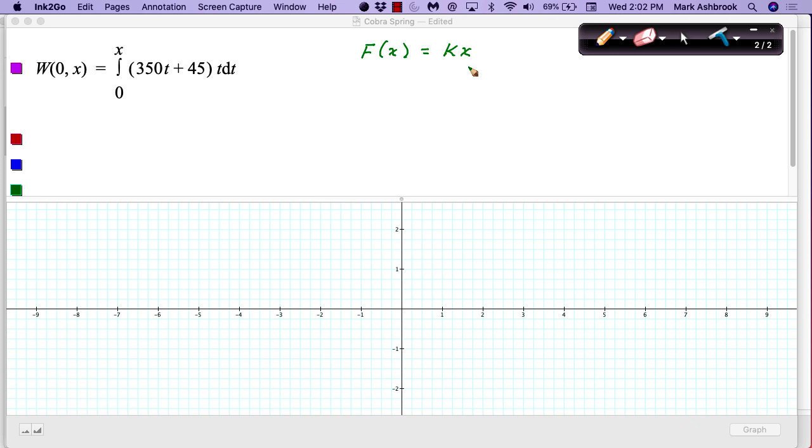Okay? So in a normal spring, K is constant, right? This is constant in a normal spring. But in the Cobra spring, K was also a function of x. At the end of class, we said that the Cobra spring's K is a function of x.